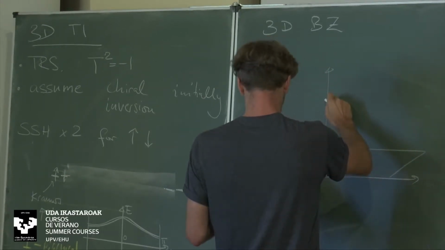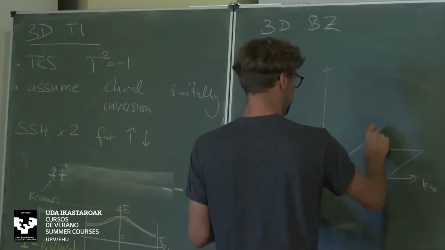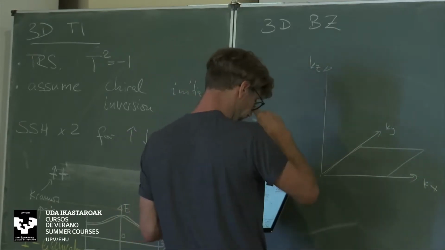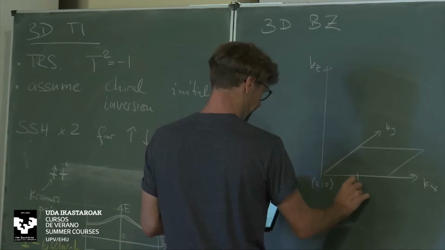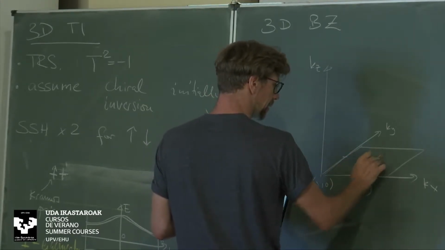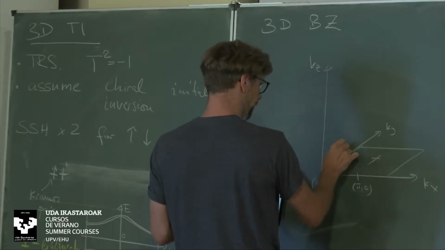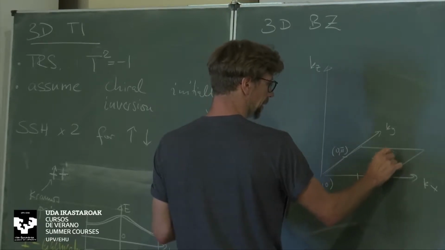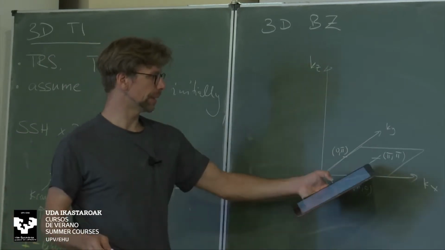So let's say this is Kx, this is Ky, there's Kz. And now in the Kx, Ky plane, there are four inversion and time reversal symmetric momenta at Kz equal to 0, say. These are the ones that I label here: (0,0), (pi,0), (pi,pi), and (0,pi).